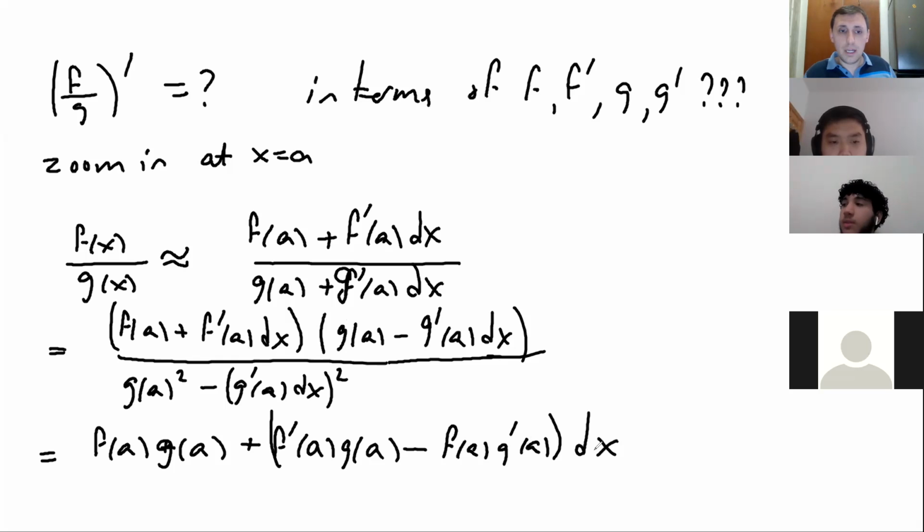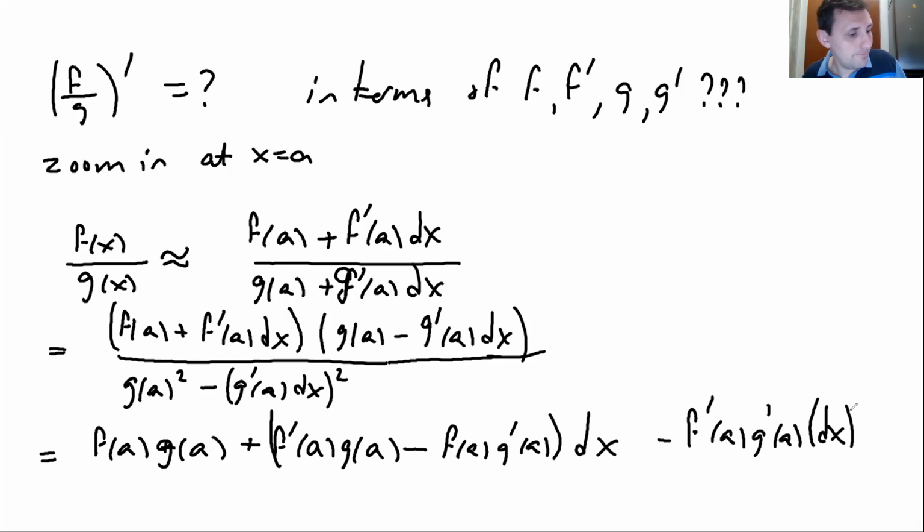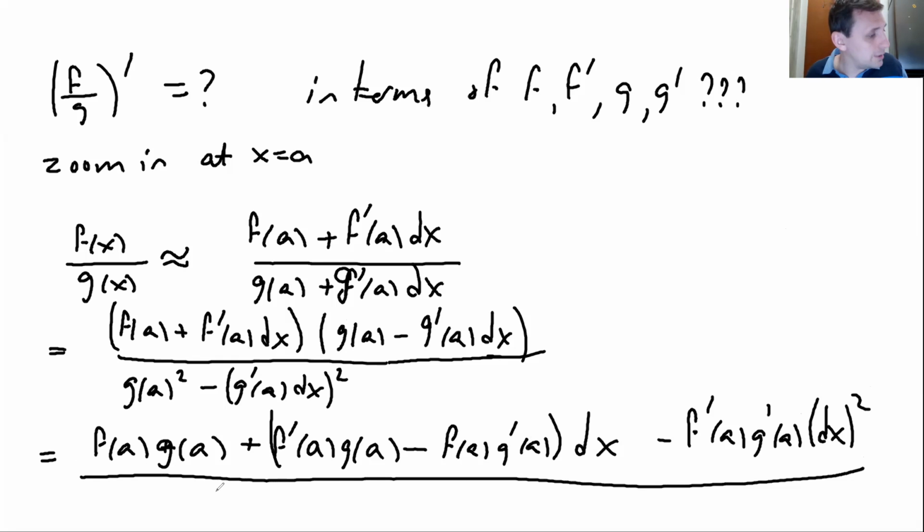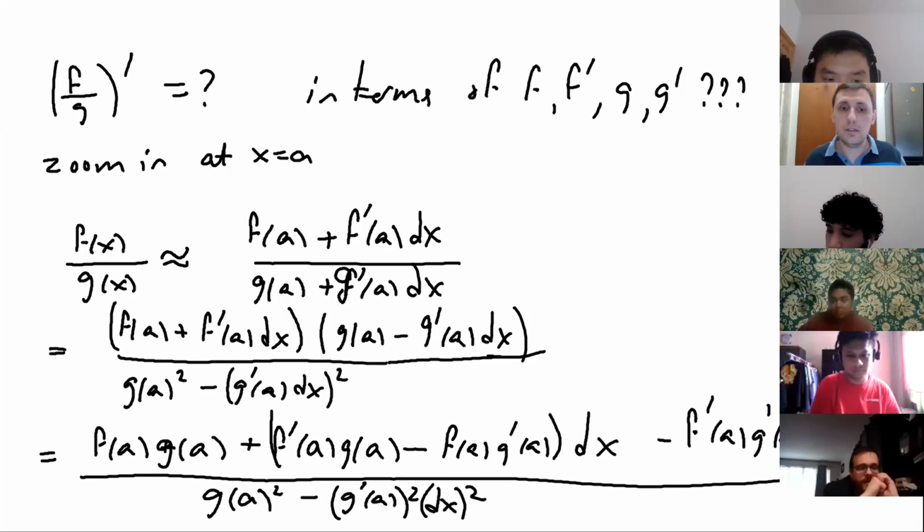So far with me? And then there is only, and then minus f prime a g prime a dx squared. Divided by g a squared minus g prime a squared dx squared. Are you with me, guys?